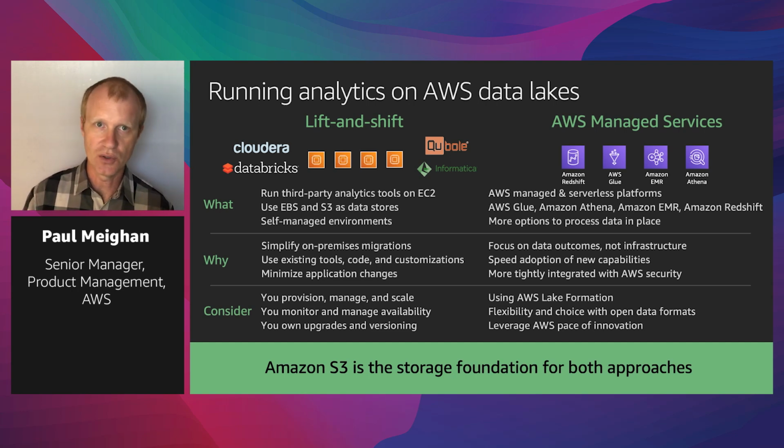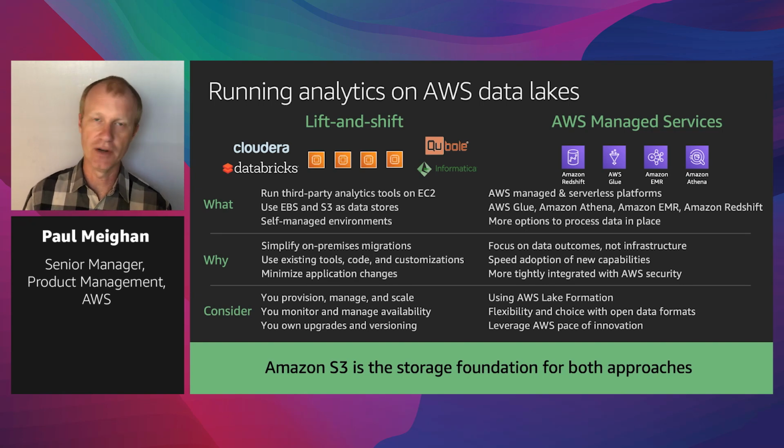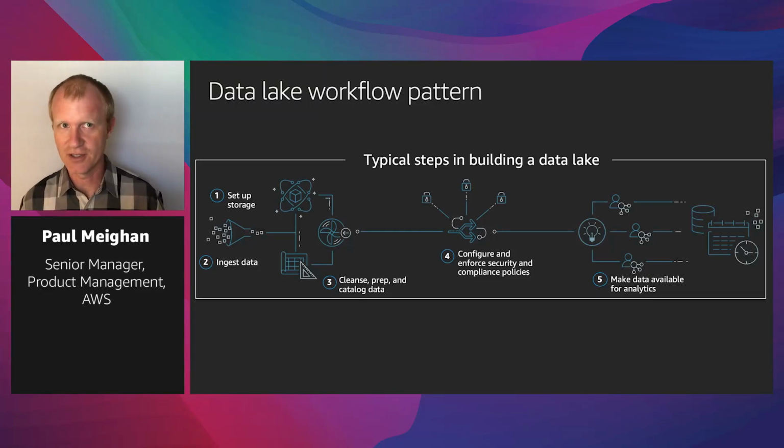So two roads that you could go down in order to get analytics going against the data in S3, and two very different ways of managing those analytics applications. Again, from an S3 perspective, we work very well with both to get you the best outcome that you're looking for over time. That's the process from end to end, from setup all the way down to analytics.